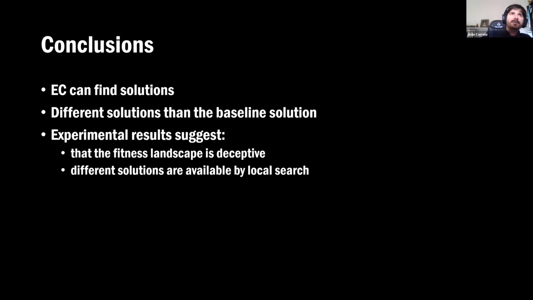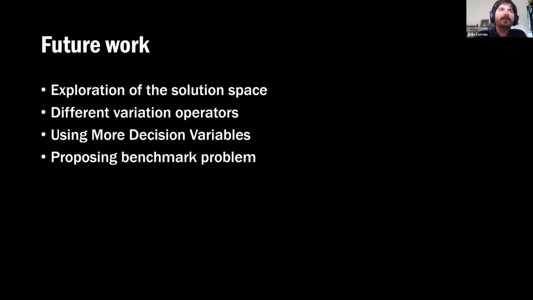So we are now concerned with exploring the solution space better. We want to try other operators, include more decision variables, and eventually propose this problem as a benchmark problem, since we felt there are characteristics of this problem that could be interesting to explore with several techniques from evolutionary computation.